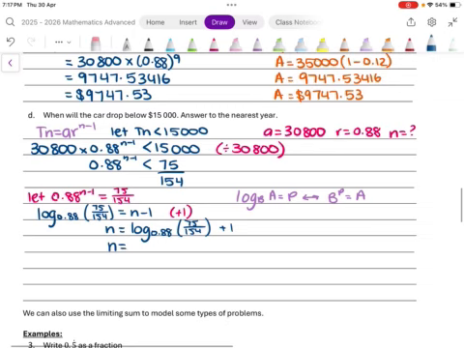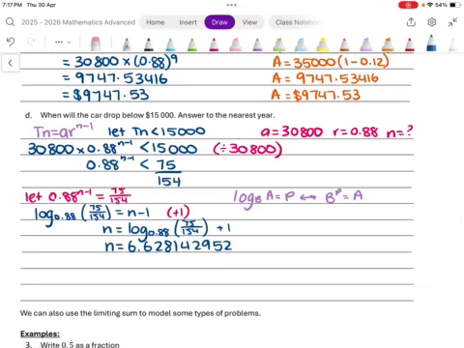When we put this into our calculator, we get 6.628142852. So n, right, we need to know when will the car drop below 15,000. So we're going to let n equal 7 here. All right, we're just going to do a little check off to the side. So check, we have t of 7 is equal to 30,800 times 0.88 to the power of 7 minus 1.